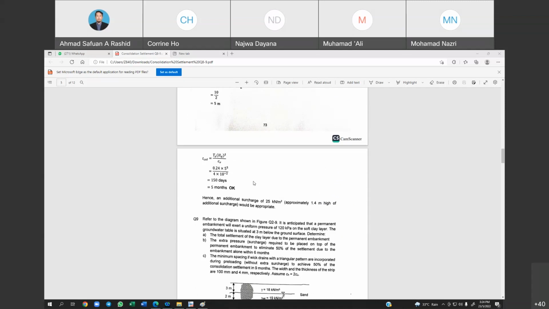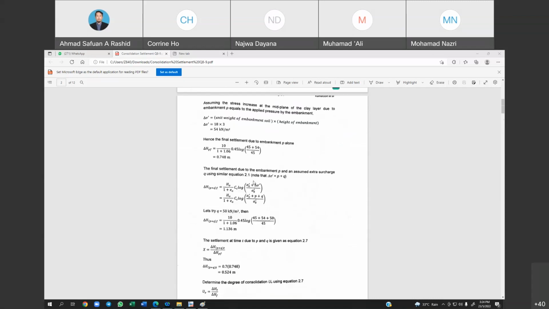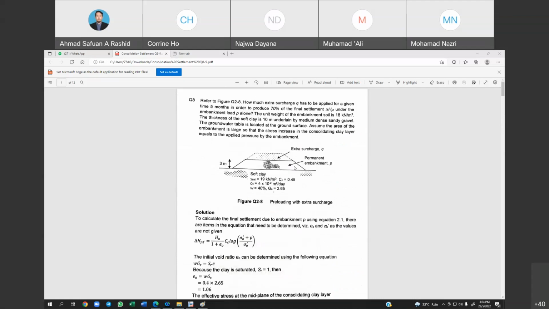Dia kalau terlampau besar, dia menyebabkan, actually during the construction of the embankment, we need to monitor the development of the pore water pressure. So in terms of instrumentation, if the development of pore water pressure is very fast, so the possibility of the embankment to fail is high.